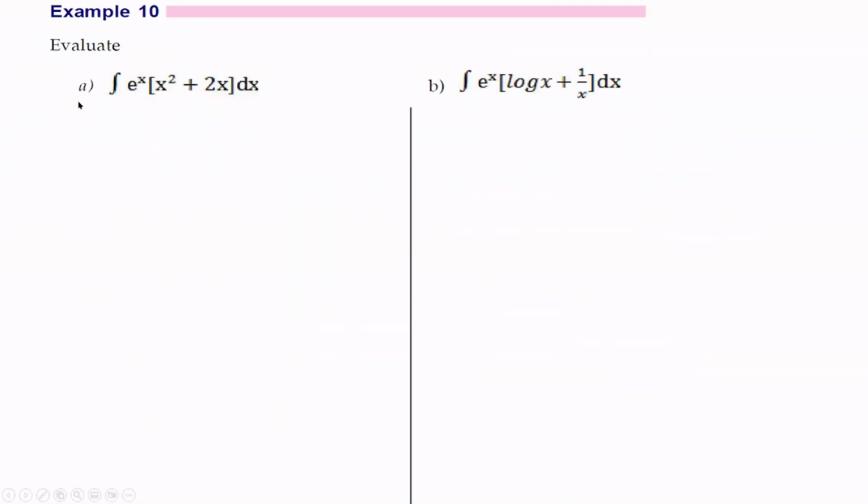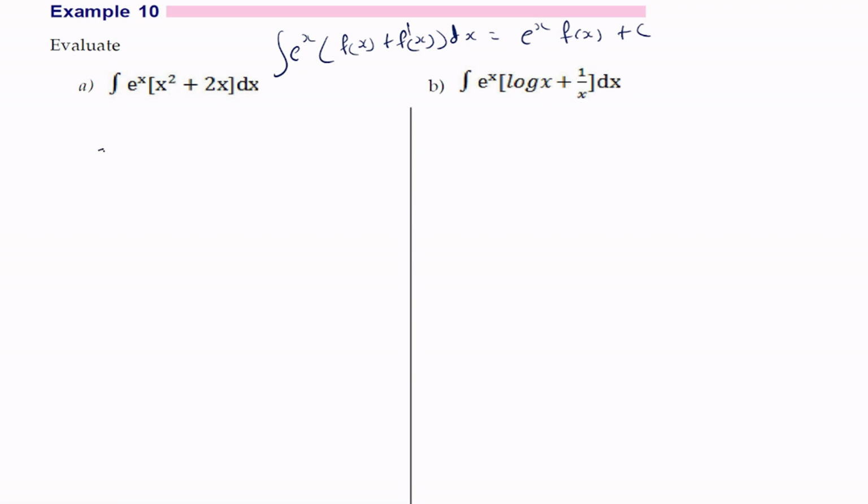Next we have evaluate integral e raised to x into x square plus 2x dx. So we have already seen if we have integral e raised to x into f of x plus f dash of x dx, this is nothing but e raised to x into f of x plus c.